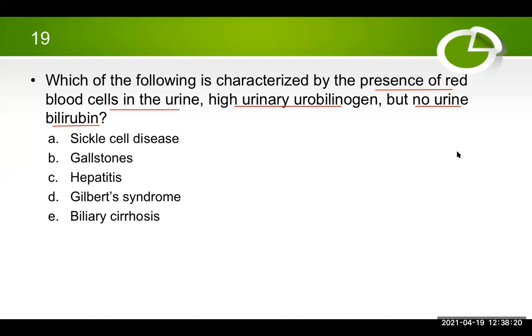Sir, in Gilbert syndrome, there is a deficiency of an enzyme, and there is some unconjugated bilirubin changed to bilirubin. Mm-hmm. Okay. Any other answer? Okay, I'll come to you.